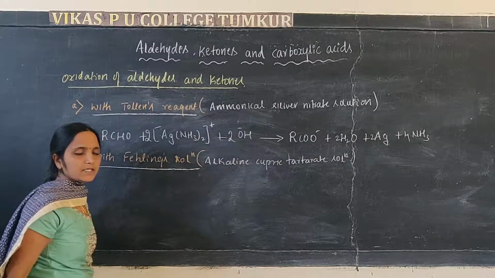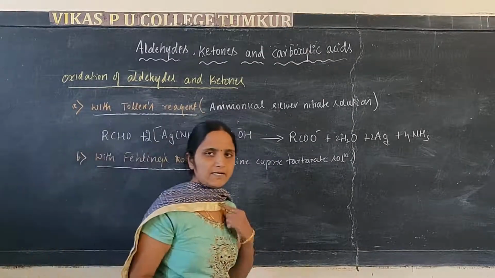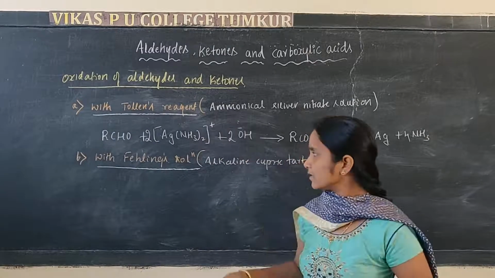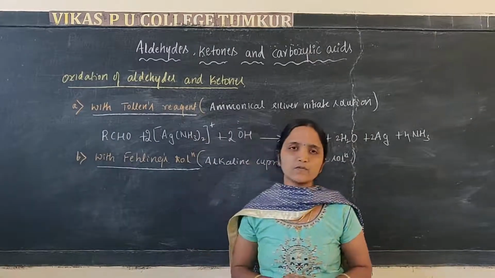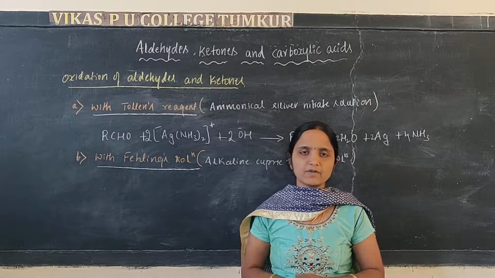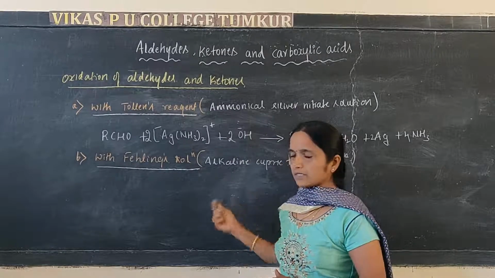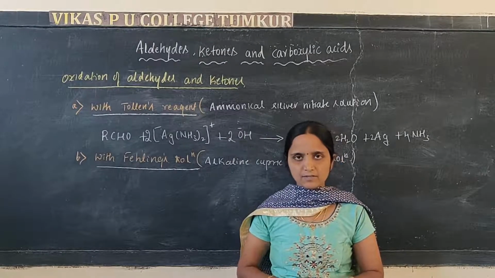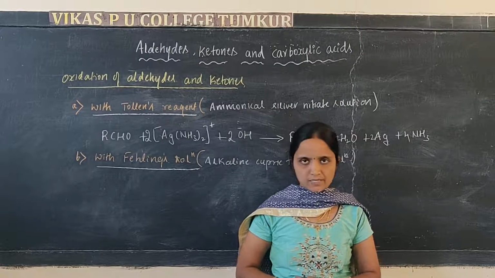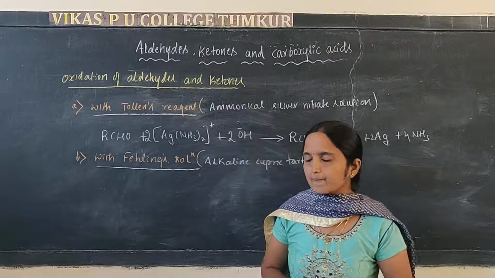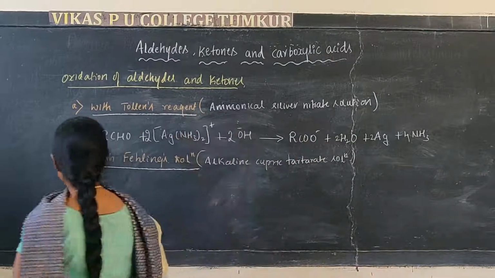When an aldehyde is heated with Fehling's solution, a red precipitate of cuprous oxide is formed.